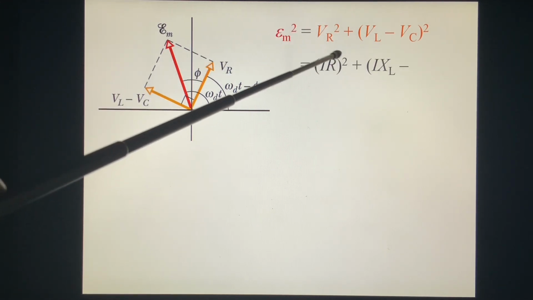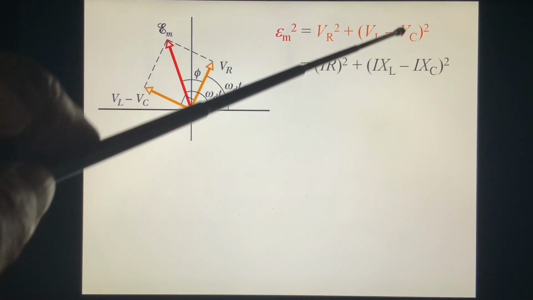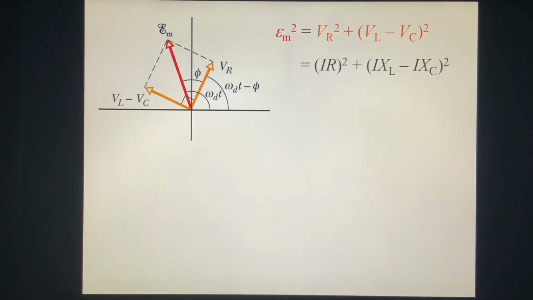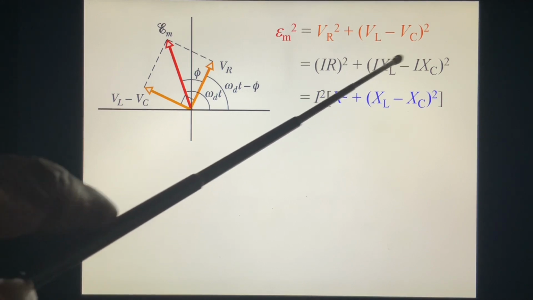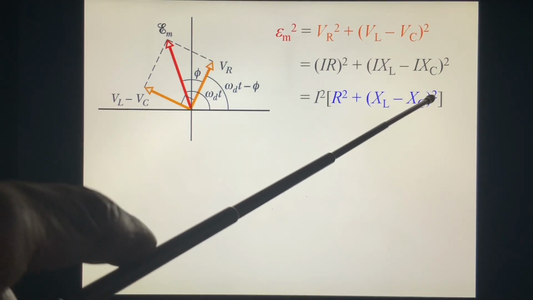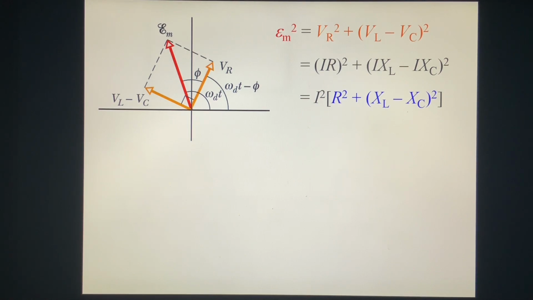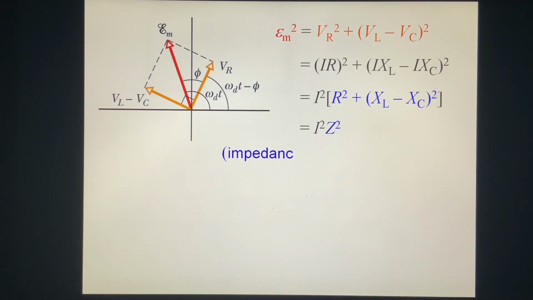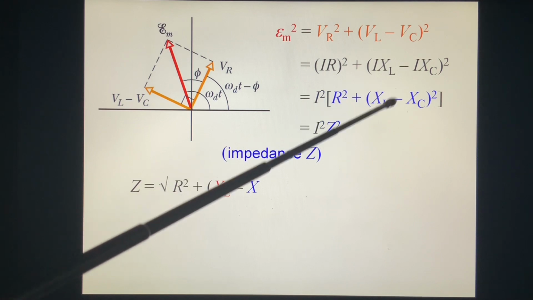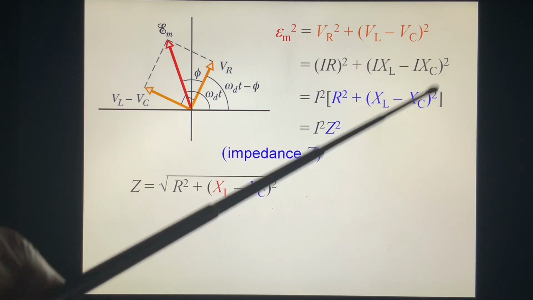VR is IR, VL is I XL, VC is I Xc. Taking I square out, it is R square plus XL minus XC square.